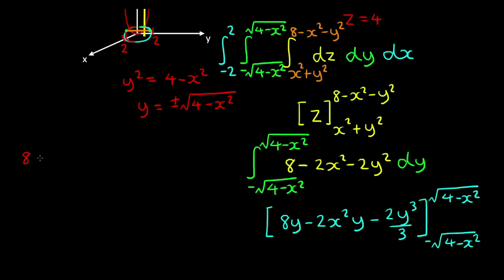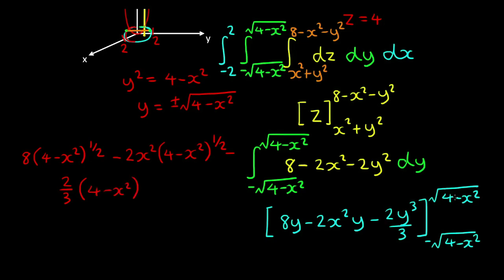So we have 8 by 4 minus x squared to the half, minus 2x squared by 4 minus x squared to the half, and we have minus 2/3 of 4 minus x squared to the half cubed. And then we have minus 8 by root 4 minus x squared.